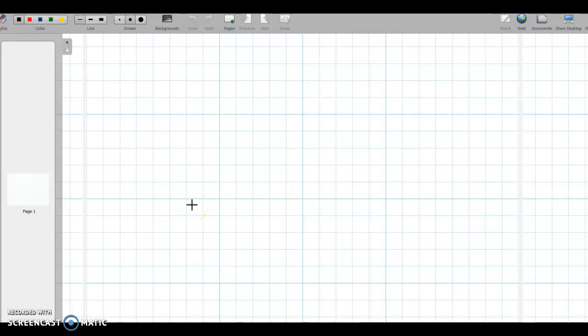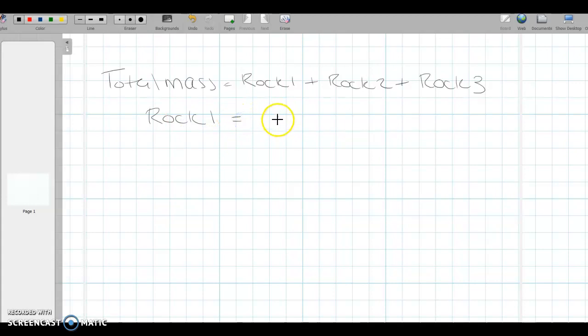All right, so we are trying to find the mass of these 3 rocks. To find the total mass, we're going to have to add the mass of rock 1 plus rock 2 plus rock 3. So we'll call rock 1 equal to 9.60 grams.